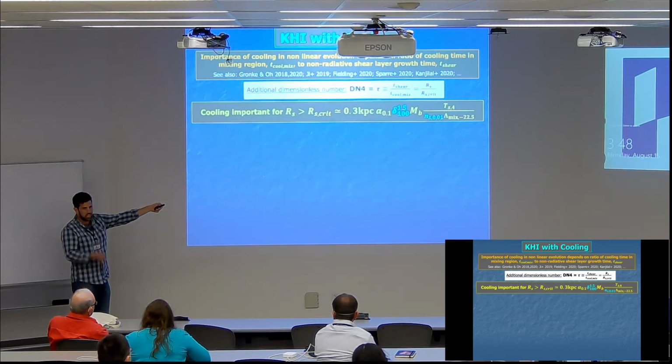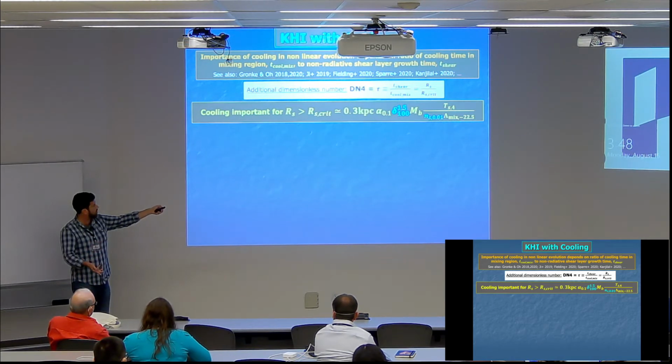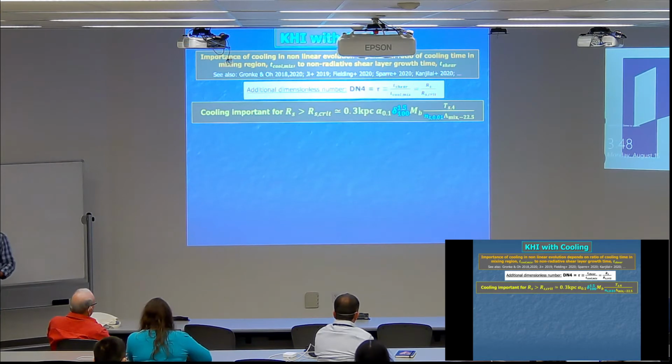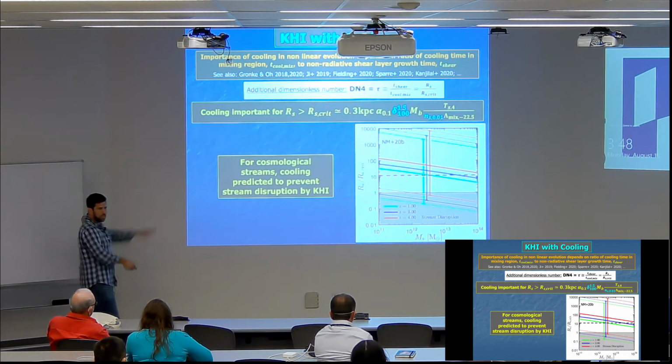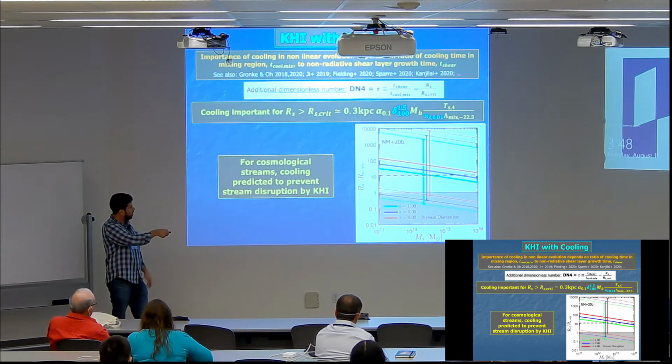Since T shear scales linearly with the radius of the stream, T-cool mix doesn't care at all about the radius of the stream. You can turn this ratio of the time scales into R stream divided by a critical radius, which you can basically write out like this. It depends on a bunch of different parameters. But you can plot this R stream over R stream crit using that same model that I showed you a few slides ago. It is a function of halo mass and of redshift.